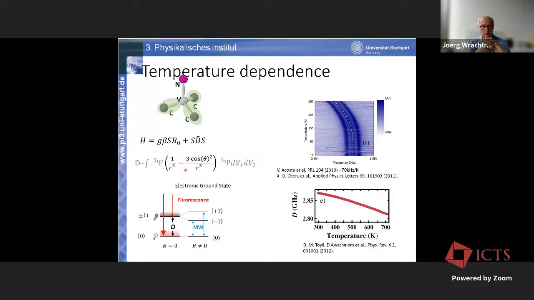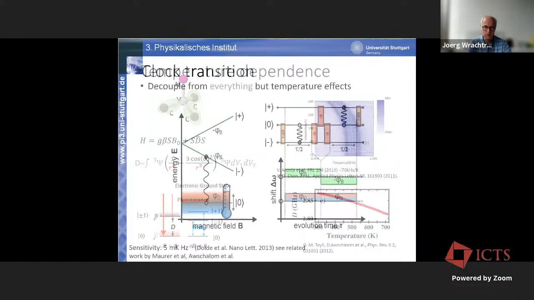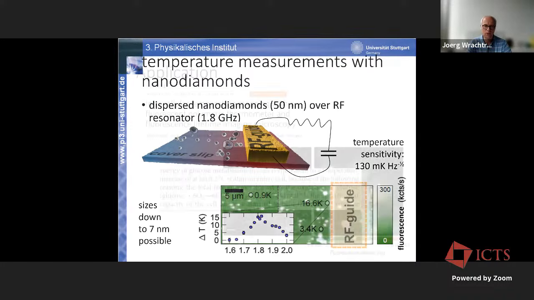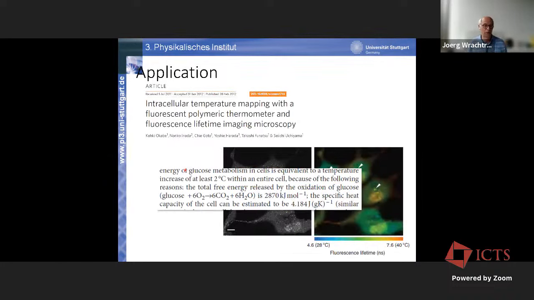But this is fairly easy to calibrate. So overall, it's probably fair to say an easy to calibrate temperature sensor, right? And we were using this actually to measure local temperature in cells.